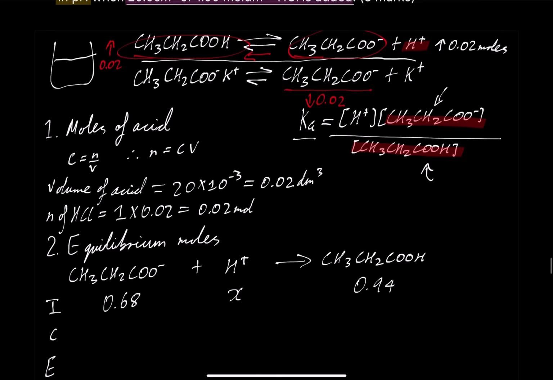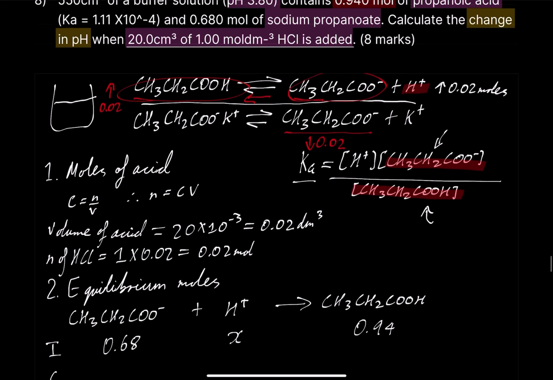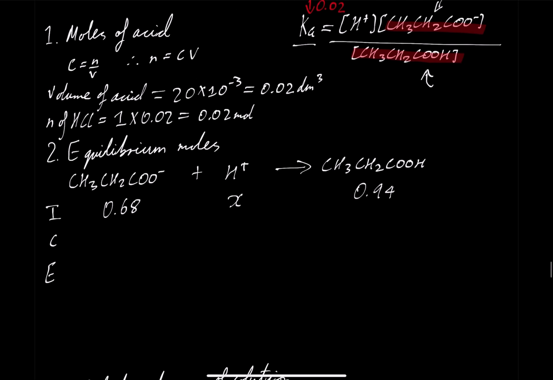So in this equation above, though we've increased our moles of H plus by 0.02, equilibrium is shifted to the left to reduce that concentration. So the moles of H plus is actually going to decrease by 0.02. So our products are going to decrease by 0.02 moles, right? Hopefully you understand what that means. If you didn't understand what that means, leave a comment in the video.